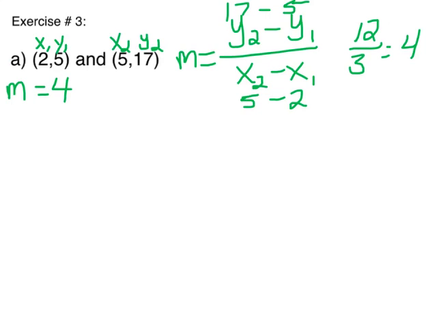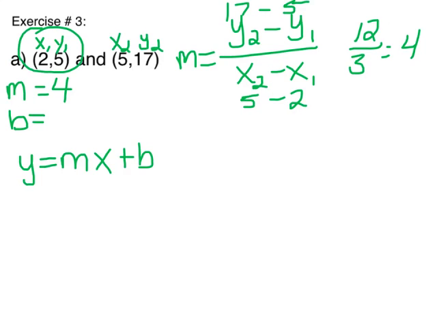Now, just like the problem I'd done in the past, the formula that I'm using is y equals mx plus b. And I don't know my b yet. So I'm going to use point number 1, 2, 5, and the slope that I just found, and I'm going to plug it into my new formula.